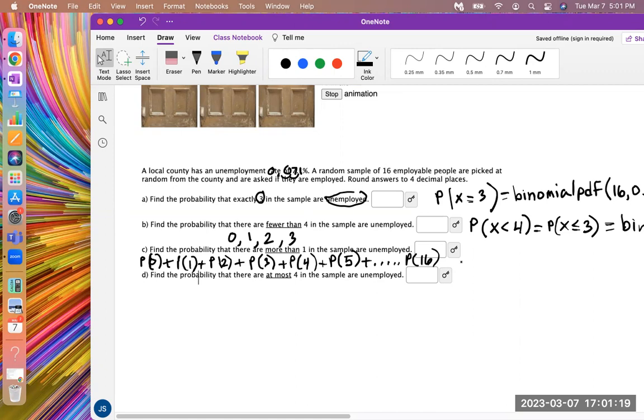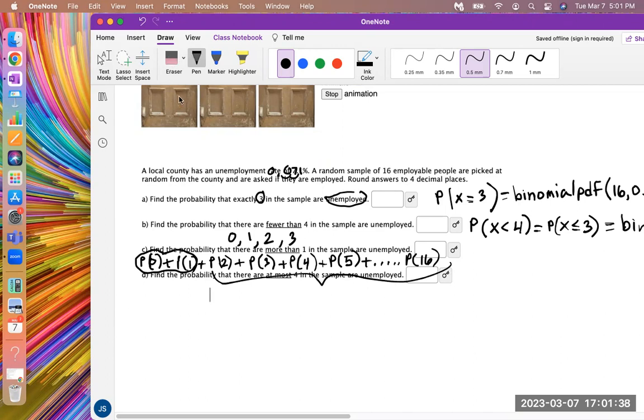So we can calculate just these two, and then subtract that from 1 whole to find the probability of all of the others. That's the complement rule.